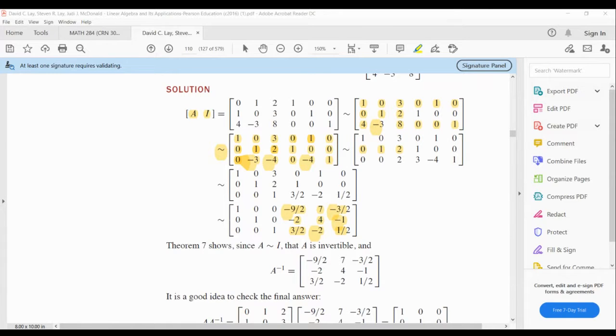And normally, like for the homework, if you had a 4x4 matrix or 5x5 matrix and it were a dense matrix, meaning it didn't have a lot of zeros in it, it would take a while to reduce the matrix to find the inverse.